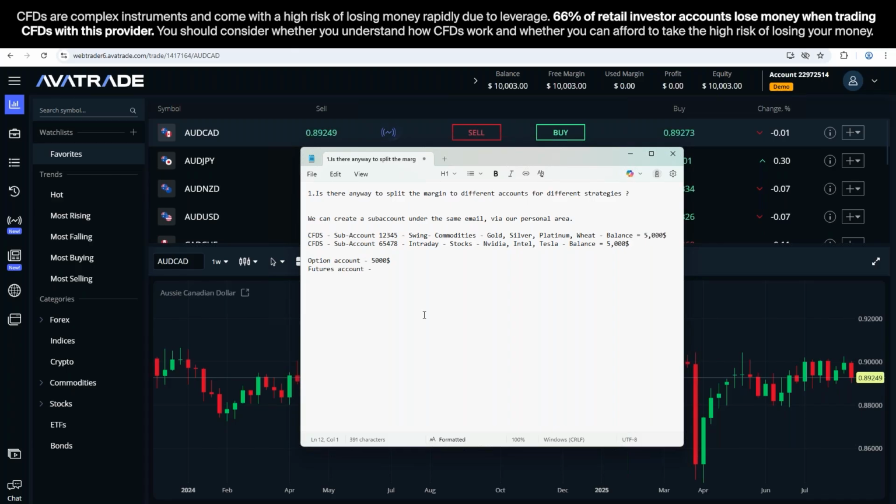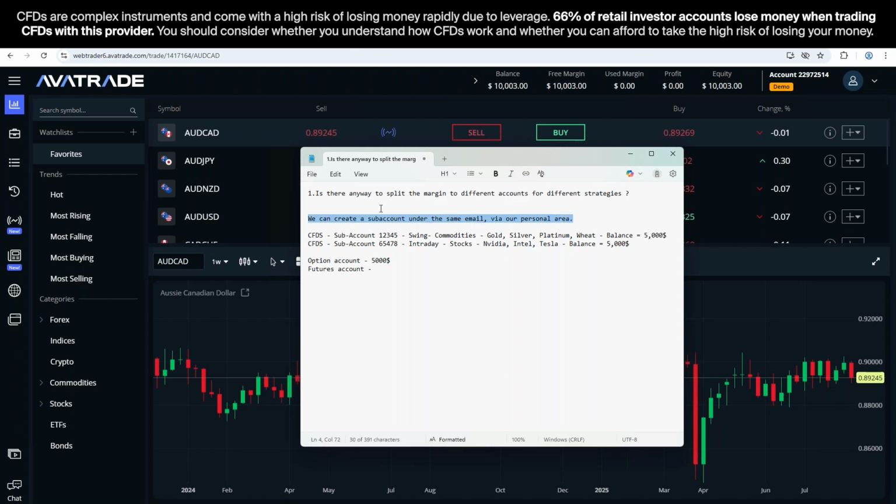Of course, I could just as much have 10,000 and trade everything on the same account, but then I'll have to think about how to divide my margin and how to keep maintaining it across the various instruments. Both options are great. By the way, I'm not going to tell you whether to split your margin or not, but to answer the question, is there any way to split the margin to different accounts for different strategies? This is a very nice way that this can be done.